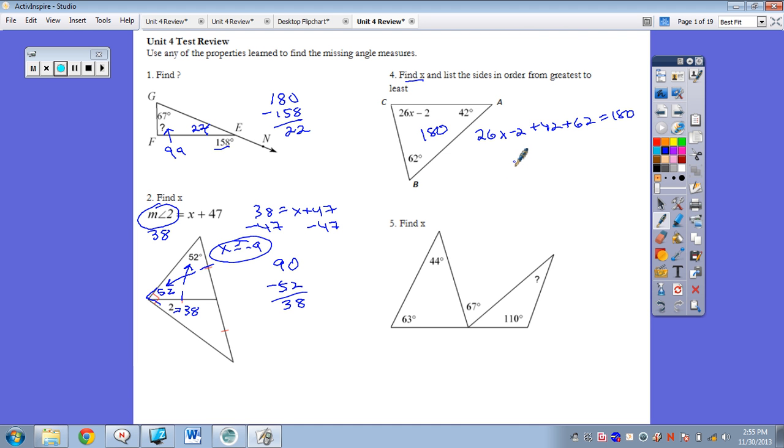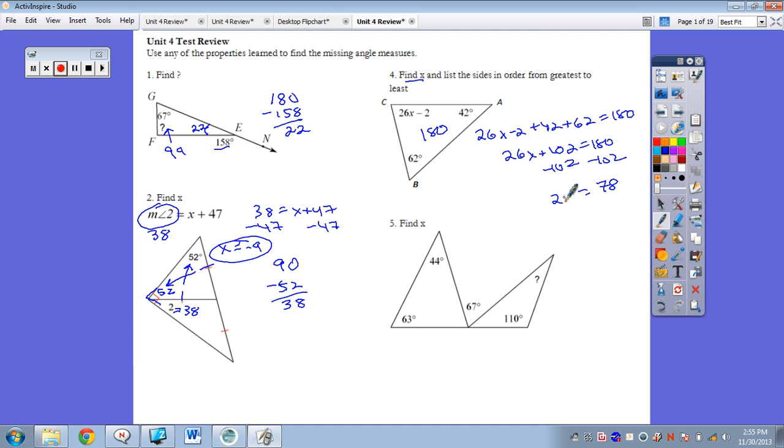I'm going to combine like terms, so I'm going to take the -2, the 42, and the 62. So 42 plus 62 plus -2 gives me 102. So I have 26x plus 102 equals 180. Subtract 102 from both sides. 180 minus 102 is 78.